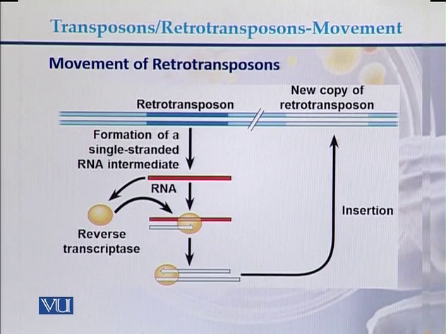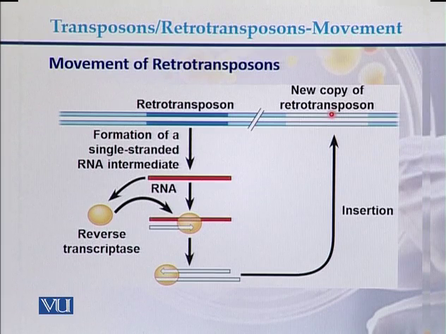While on the other hand, movement of retrotransposons. If there is a retrotransposon on the genome, this DNA is first converted into RNA, and then with the help of reverse transcriptase, the RNA is converted into DNA, and then this DNA is integrated or inserted into another location of the genome. Then it is called a retrotransposon.